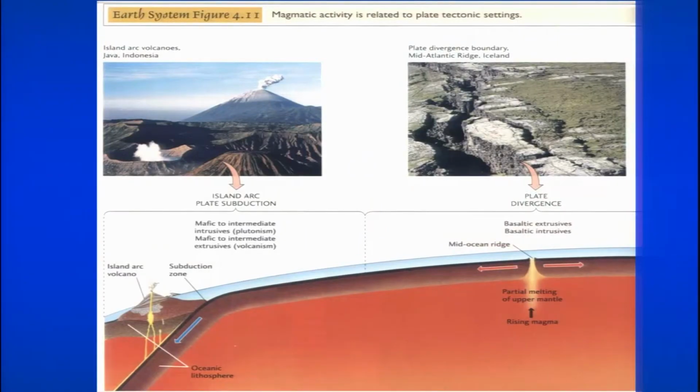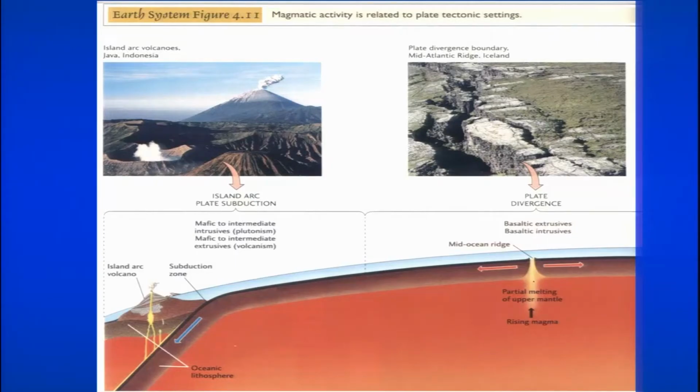Now coming to this part here, this is one of the best examples which one can see of a divergent plate boundary, experienced or seen on the surface. This is an example from Iceland. Where one plate is subducting below, you will have the volcanoes shown here, and an island arc.